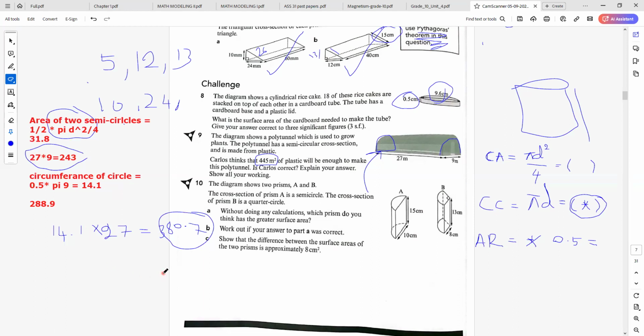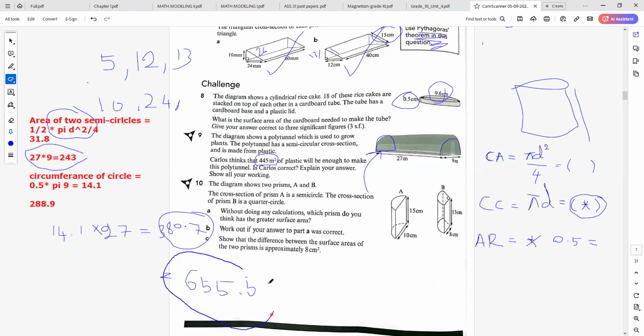The total area of plastic that we need to make this polytunnel is 655.5. So I think you have to write like this.